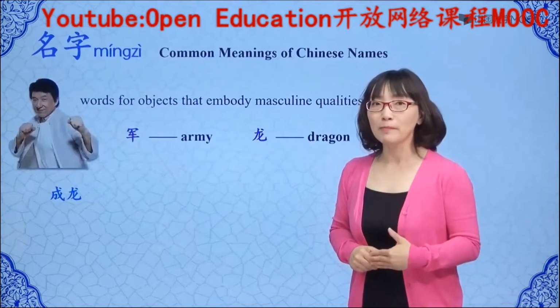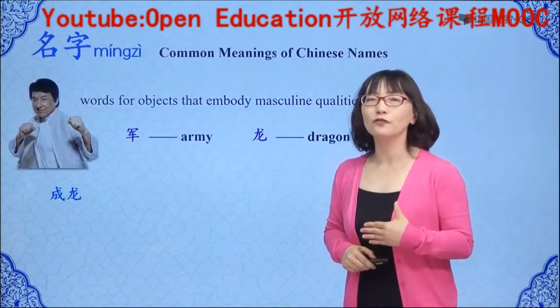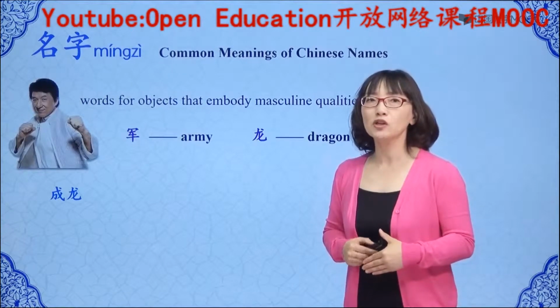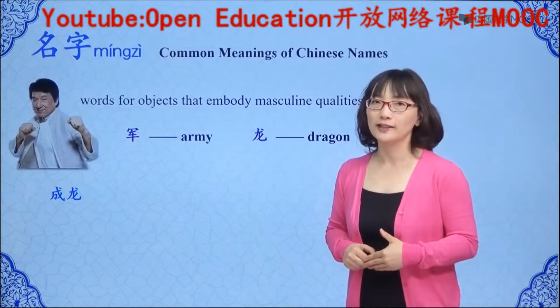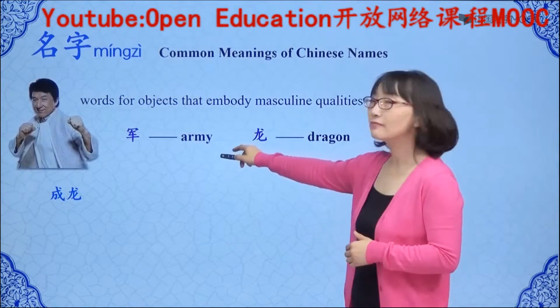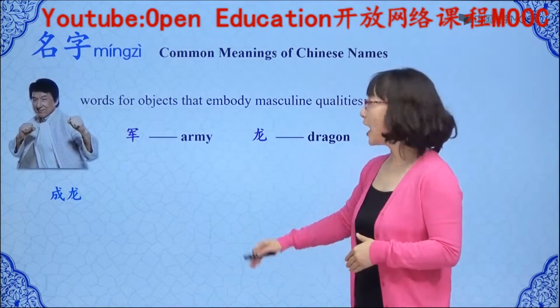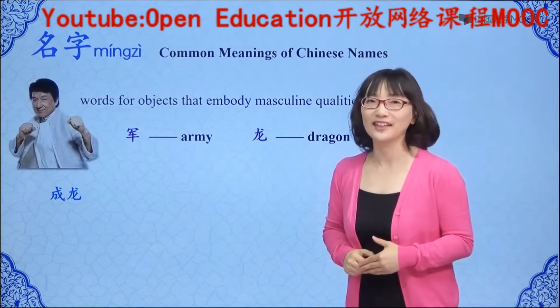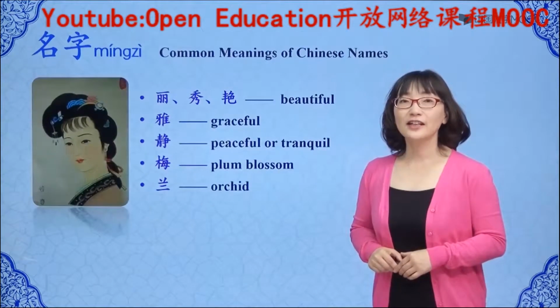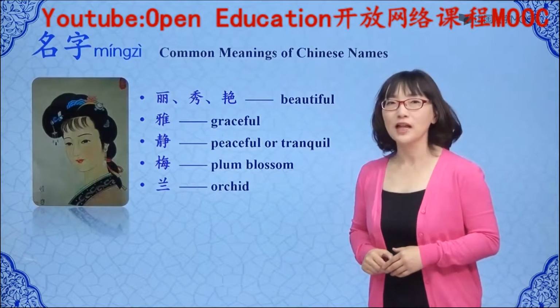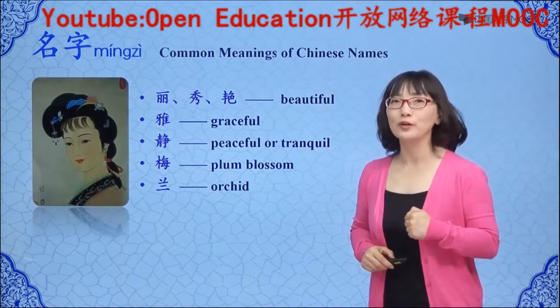Some other common male names come from words for objects that embody these masculine qualities, such as Jun, meaning army, and Long, meaning dragon.